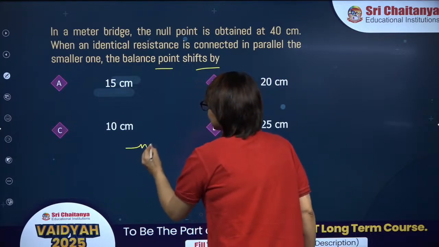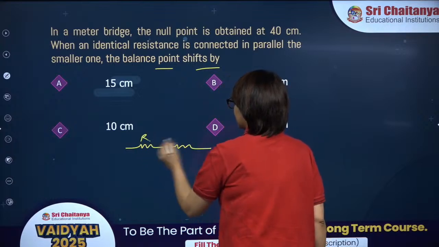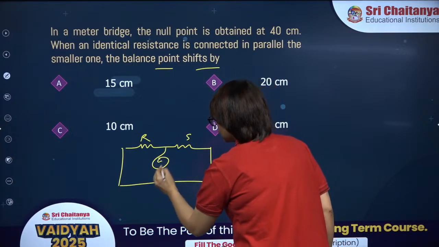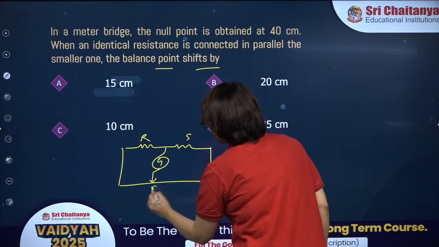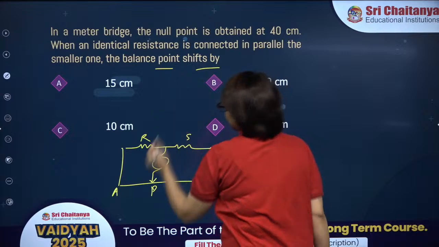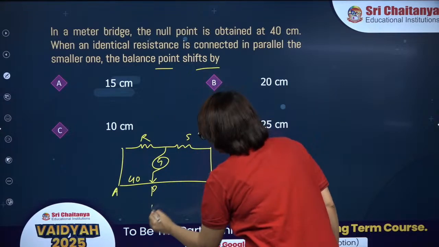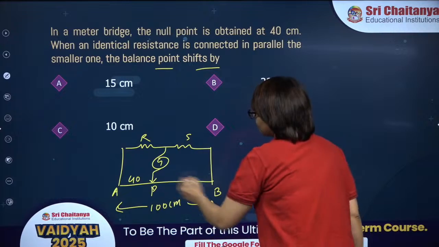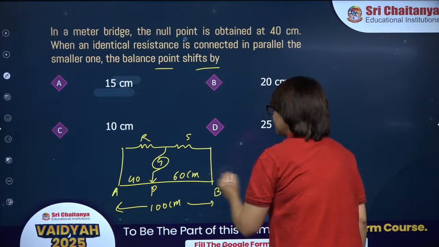So let's say this is R, this is S, and this is the meter bridge wire over here, and this is your initial balancing point P, this is A, B. So this is 40 centimeter, this complete length is 100 centimeter, AB wire, so PB will be 60 centimeter.